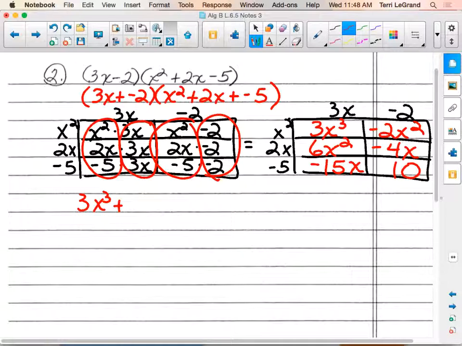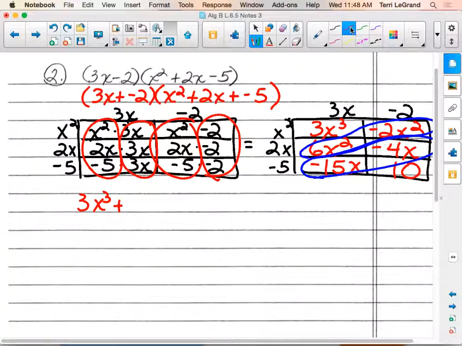Sometimes, not always, but most of the time, when you look at the diagonals in the rectangles, you will see like terms. See that? Here's another diagonal. Are those like terms? Yes. So sometimes I like to group those with circles around them like that.